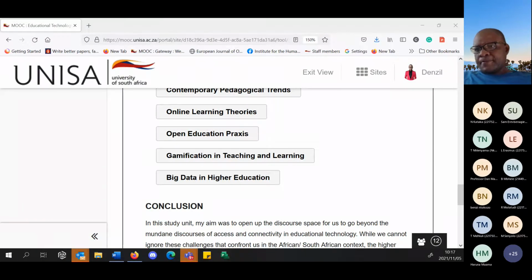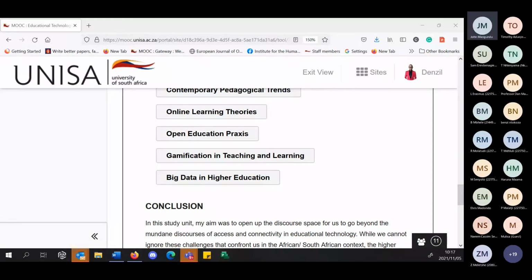So as much as we say these young ones are digital natives, let's contextualize it and bring it home and say, in South Africa, what are the attributes of our first year students in terms of where they are coming from and the skills that they should possess in order to survive in higher education.